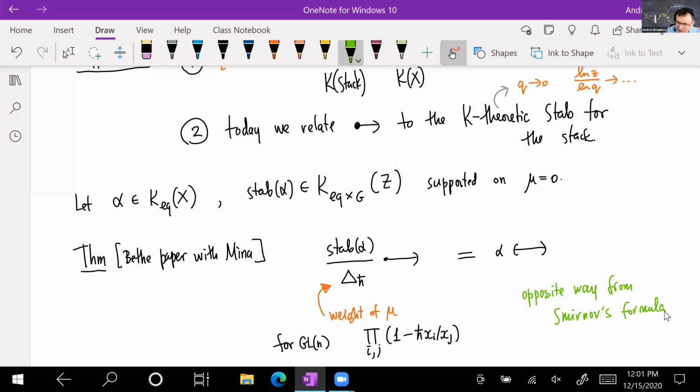Division. So what does it mean to divide? Here we study maps that satisfy the moment map equation, right?